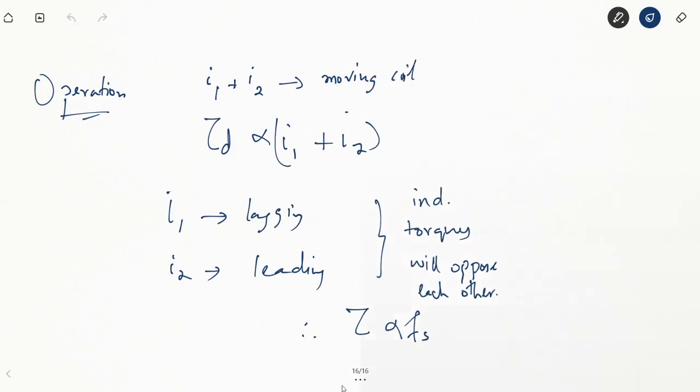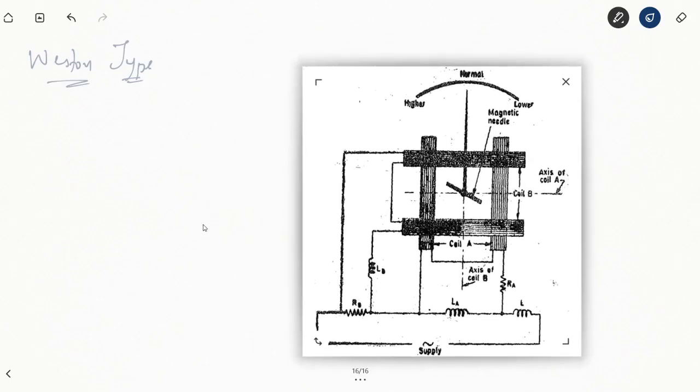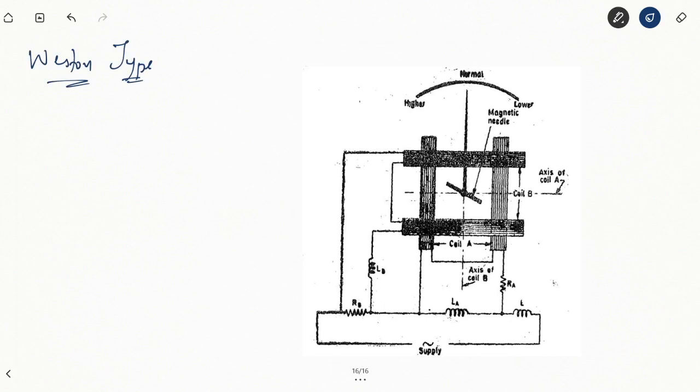Now moving on to the next type of frequency measuring device, that is Weston. This circuit diagram, this configuration here, shows the detailed construction of a Weston type frequency meter.